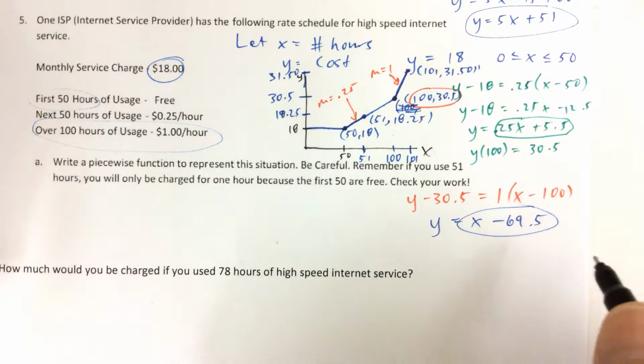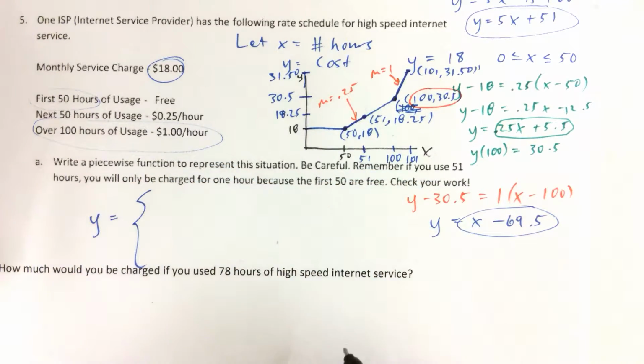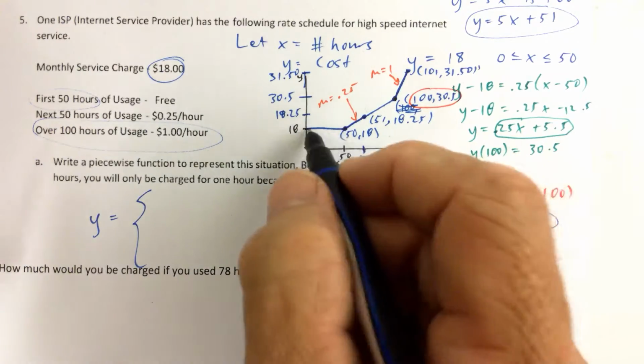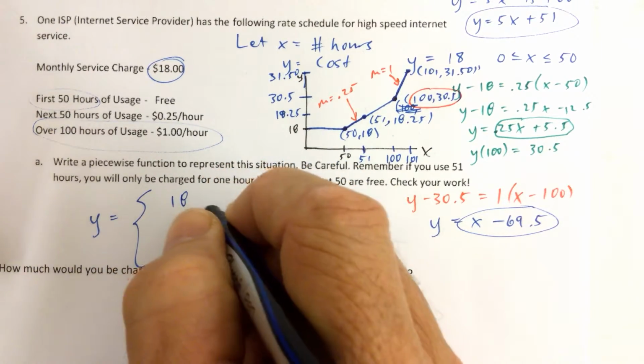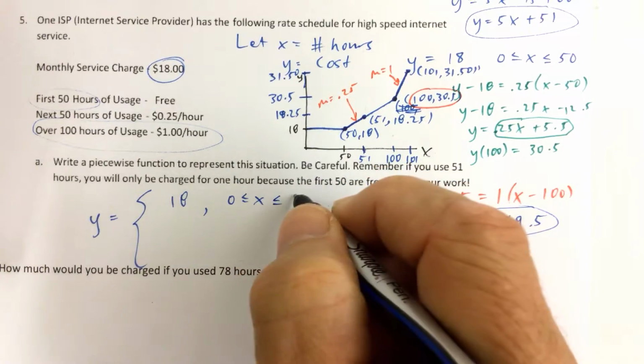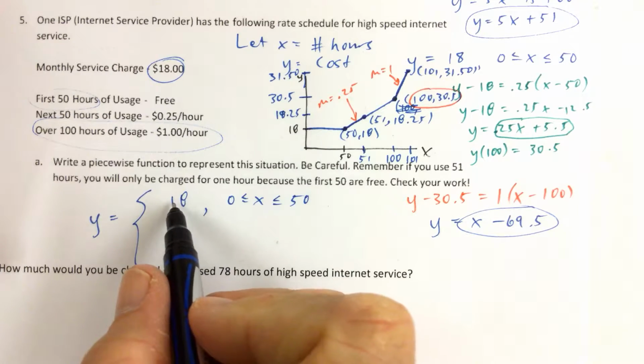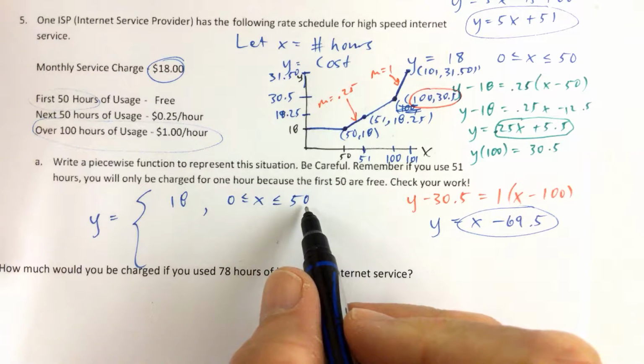So when we put all of those together, we get a three-piece piecewise function. The first piece is just 18. This is helpful in writing this because we can summarize what we found. Our cost is $18 for the first 50 hours.